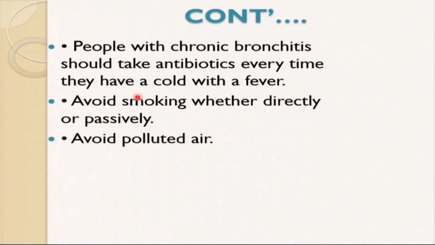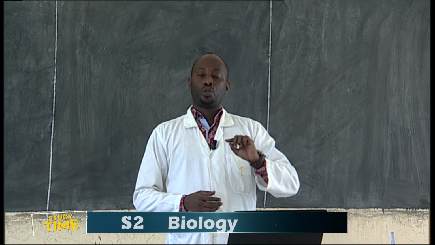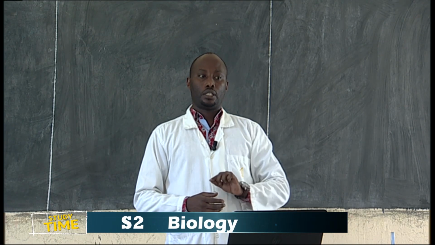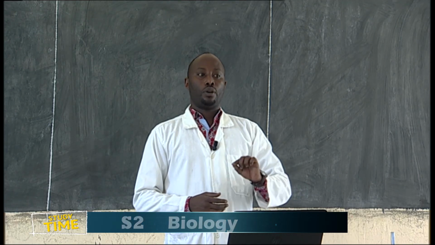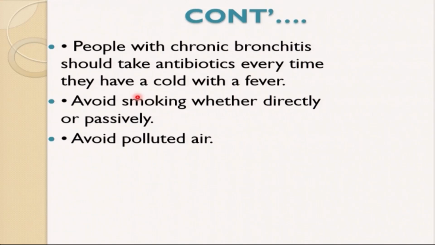People with chronic bronchitis should take antibiotics, which is quite different from the acute one. A patient should take antibiotics every time they have a cold with a fever. Next, people suffering from chronic bronchitis are advised not to smoke, because smoke is one of the agents that can lead to chronic bronchitis, whether direct or passive.